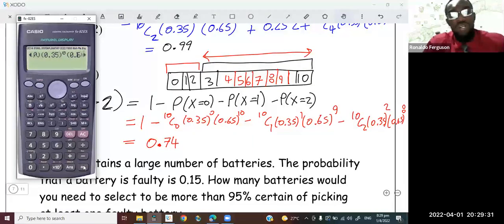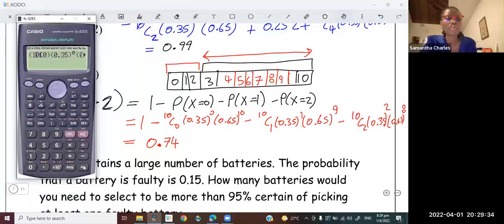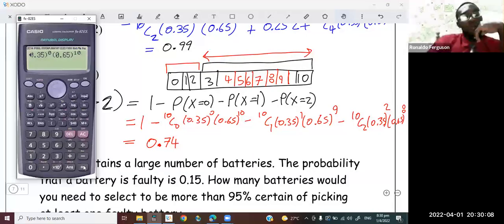So did you bracket it here? Yes. Well, let me go again. So it's 10 bracket 0 bracket times 0.35 bracket, then times 0.65, then bracket to the 10th power.